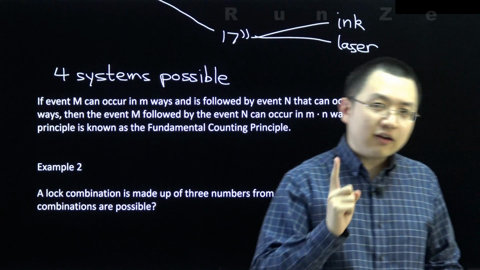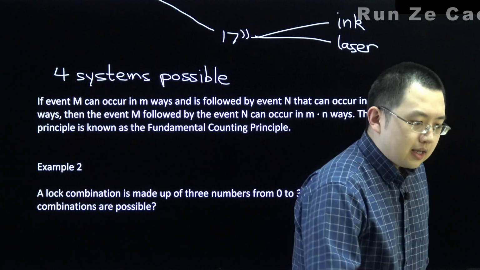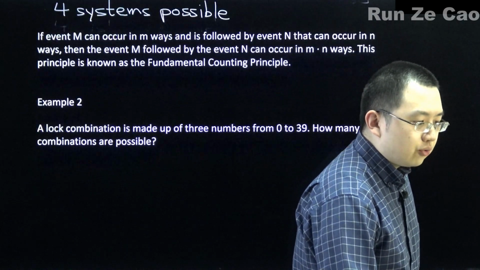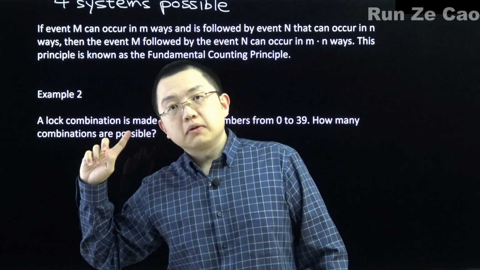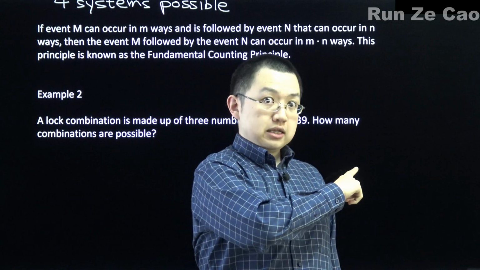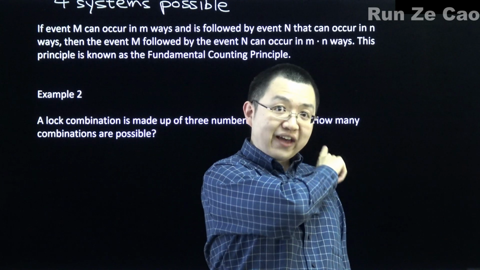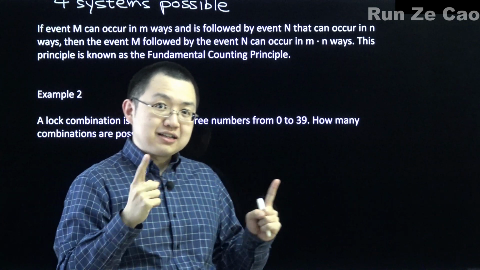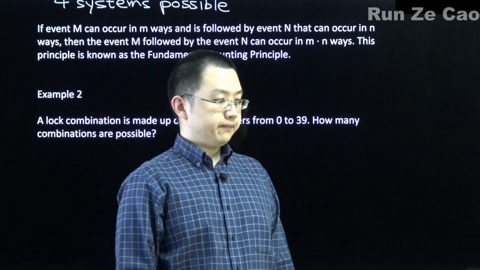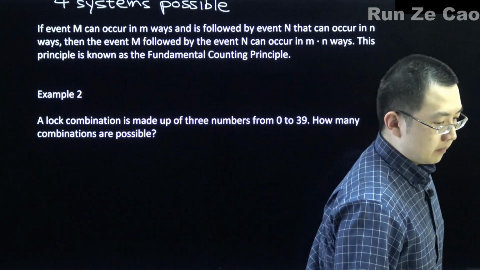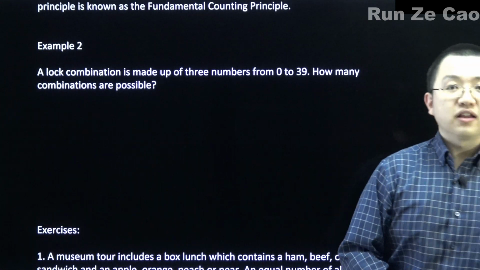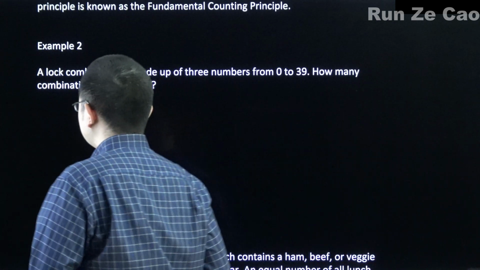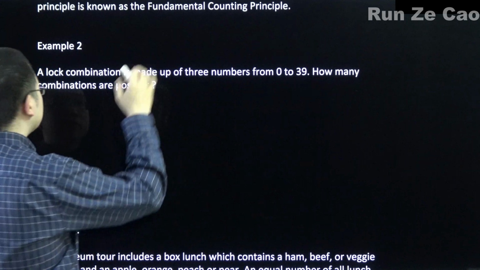So the fundamental counting principle is being applied to the number of outcomes, not the probabilities, unless these events are independent. So if the first event does not affect the chance of the second event, various outcomes.